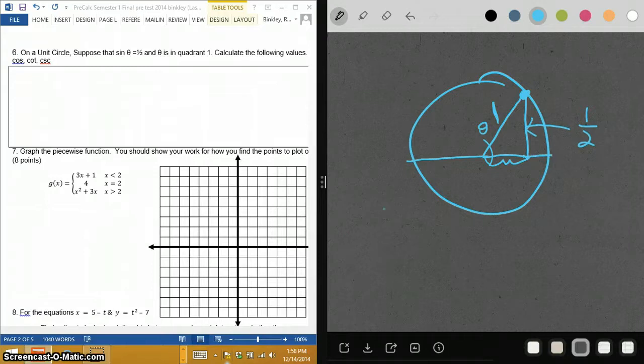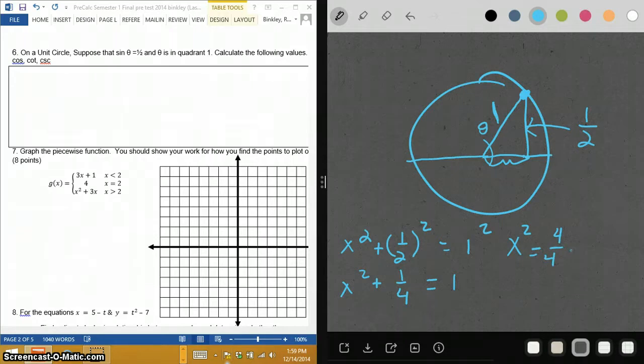So my height is y, and I'm looking for x, so I have x squared plus 1/2 squared equals 1 squared, right? So x squared plus 1/4 equals 1. X squared equals, I'm going to change my 1 to 4/4 minus 1/4, which is 3/4.